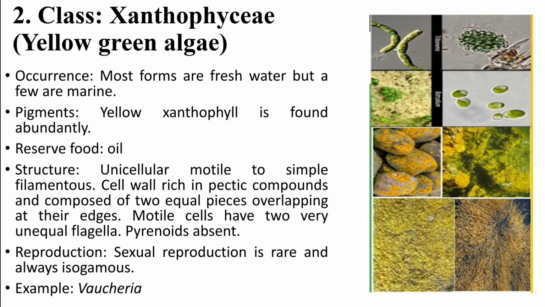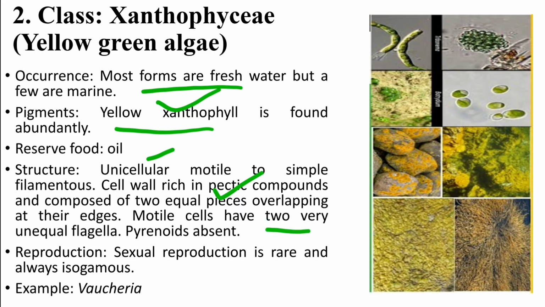Next, class 2, Xanthophyceae or yellow-green algae. Occurrence: most of them are freshwater, but a few are marine. Pigment: yellow xanthophyll pigments are abundantly found. Reserve food material is oil. Structure varies from unicellular motile to simple filamentous. Cell wall is rich in pectic compounds and composed of two equal pieces overlapping at their edges.